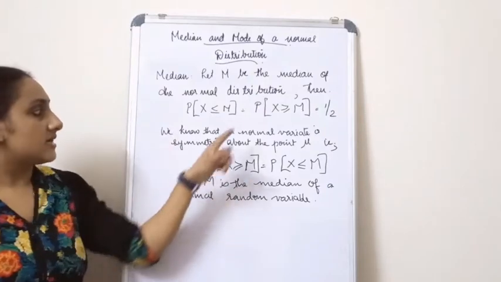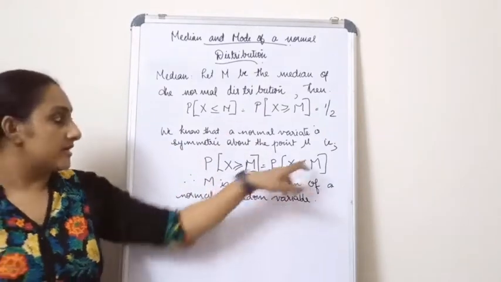Now we know that a normal variate is symmetric about the point mu.